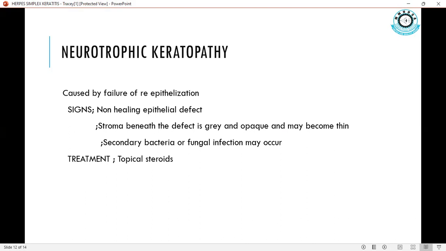So for the treatment of necrotizing stromal keratitis, it is actually the same as that of disciform keratitis. You will use topical steroids, and also you supplement it with oral antivirals.